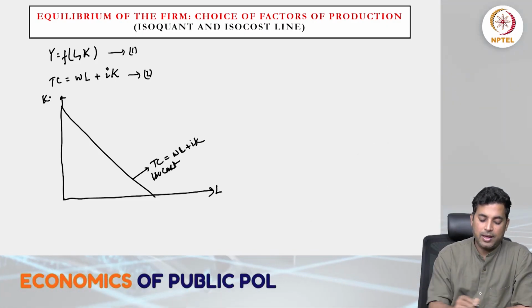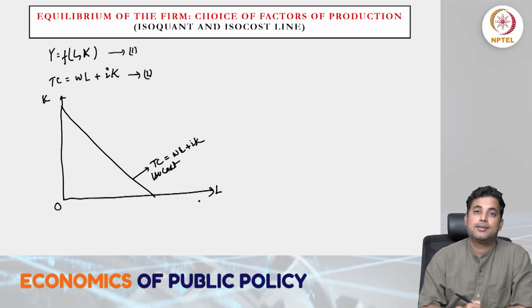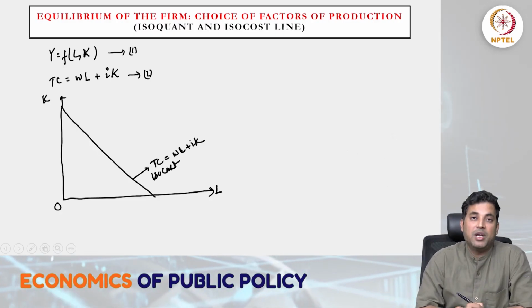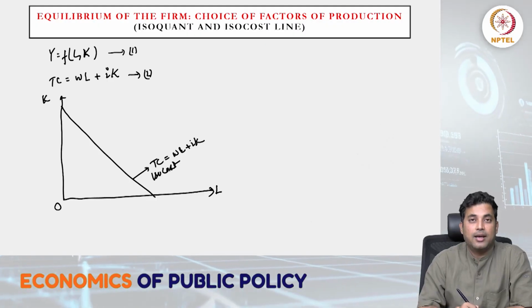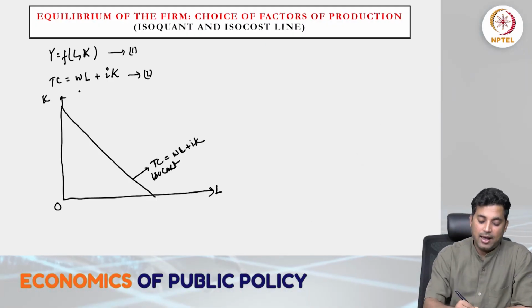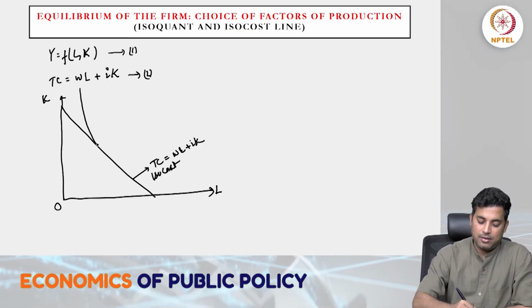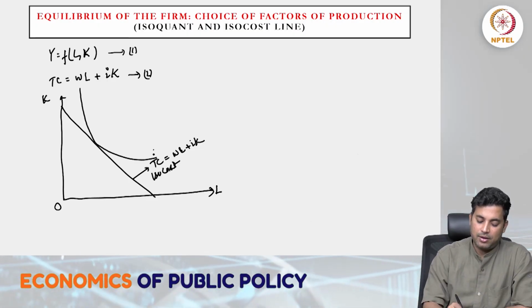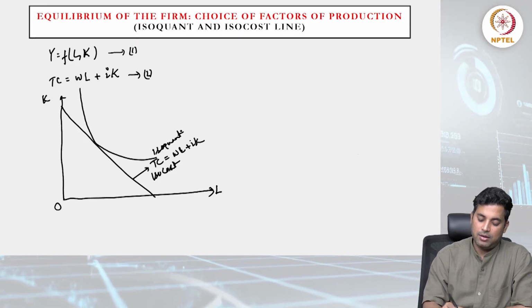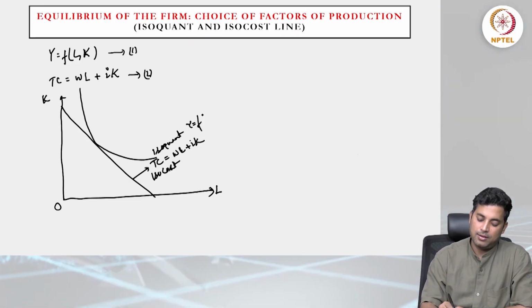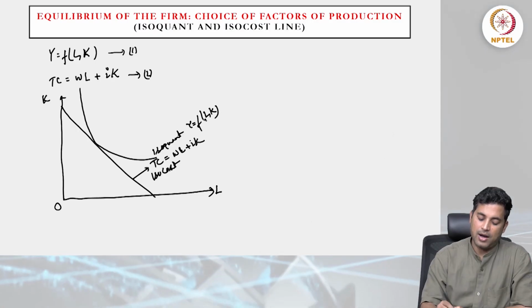Suppose L, labor, is measured along the horizontal axis and K along the vertical axis, and this is our isoquant curve, which is basically the production function.